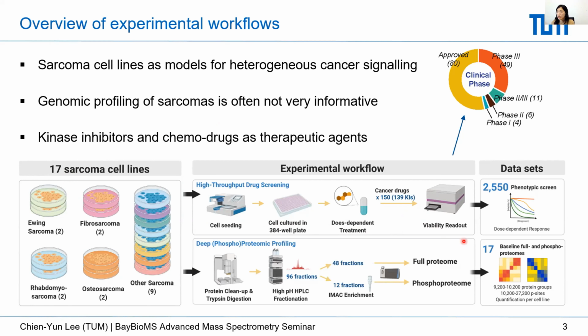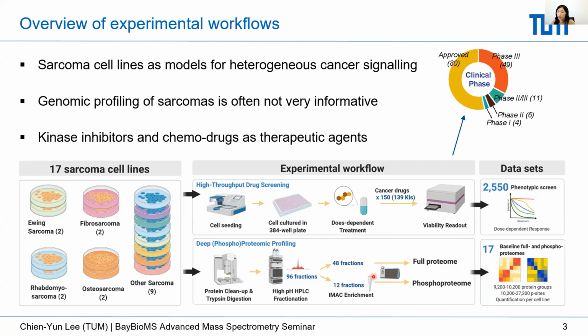And this generates roughly 2,550 phenotypic screens, dose-dependent drug responses. Meanwhile, for the drugs, we mainly focus on clinically approved drugs and drugs that are in phase 3 clinical trials. So we can say most of them are already being used clinically.